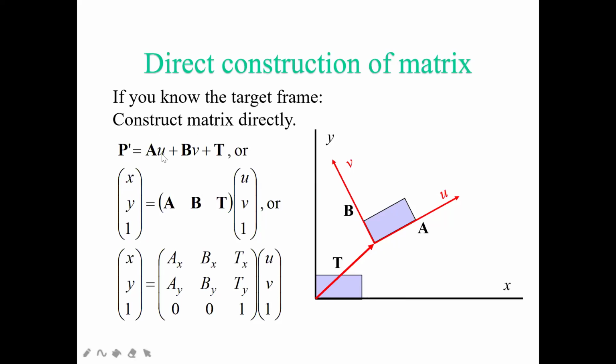Okay, so this is your formula. Now how am I going to represent it? P dash will be equal to x, y, and 1, and here I have A, B, and T. Then you are going to write the local coordinate values, that is your u, v, and 1. So you are going to write in this way.